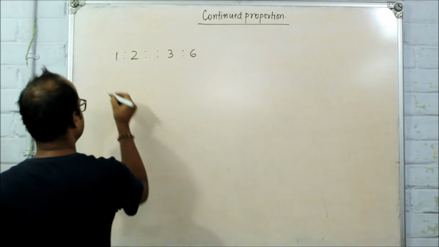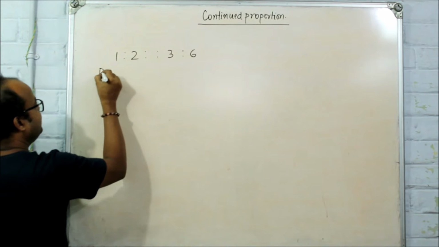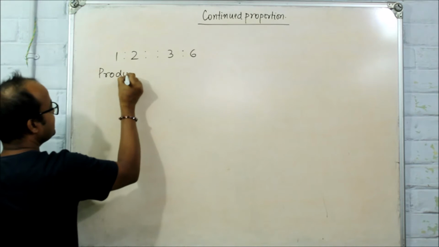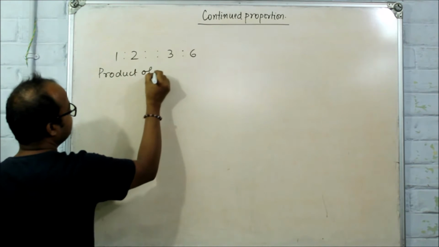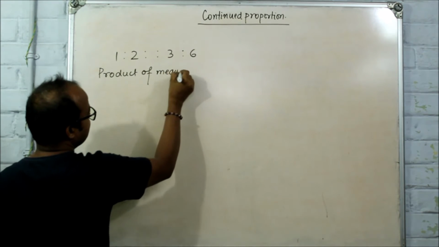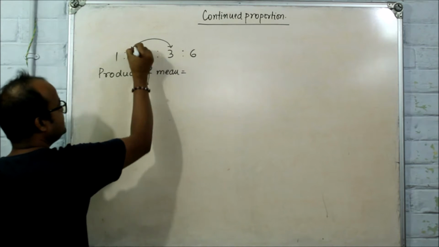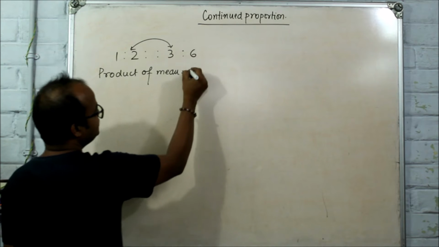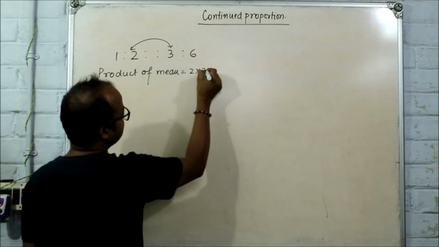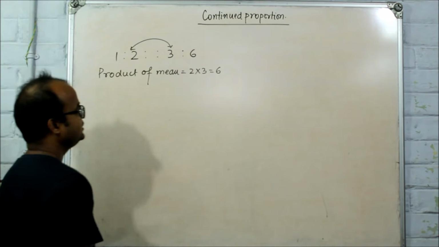So we need to find out the product of means, that is 2 into 3. These are the means. 2 into 3 is equal to 6.